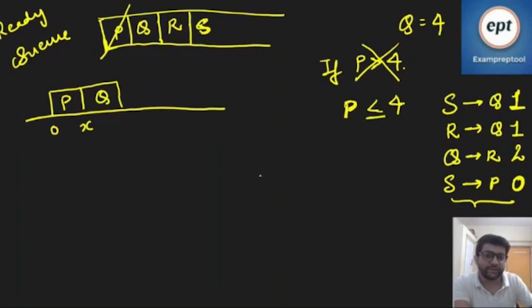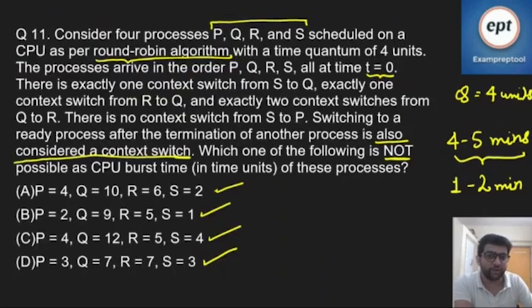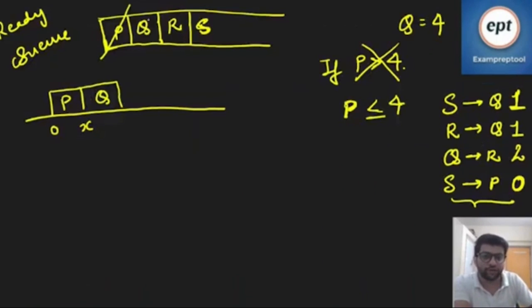So this process Q will again go to the ready queue, because it has been given that there is exactly one context switch from S to Q. So this process Q should go to the ready queue again to have this context switch, right? So it means that the burst time of Q is greater than 4 for sure.